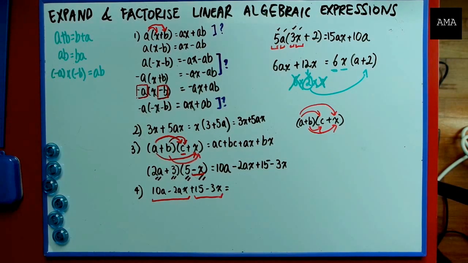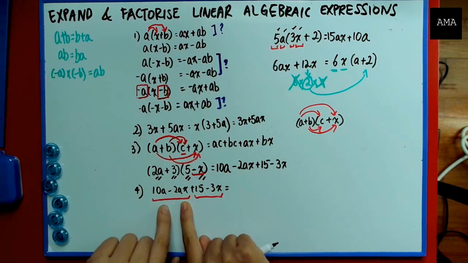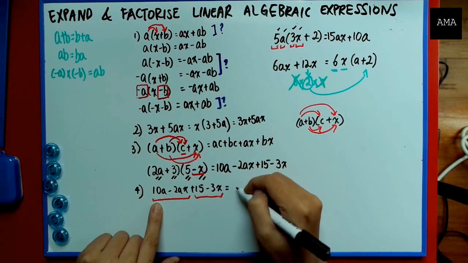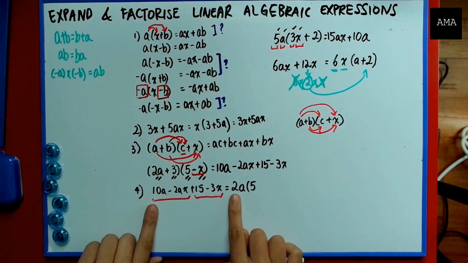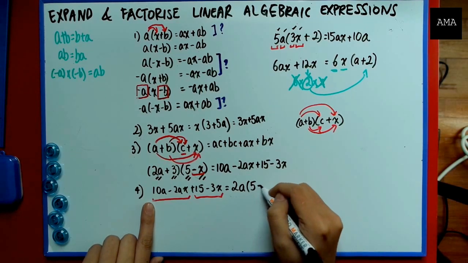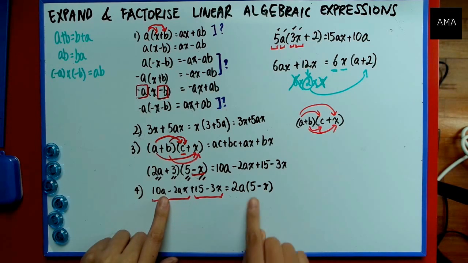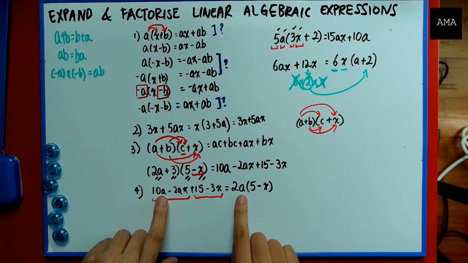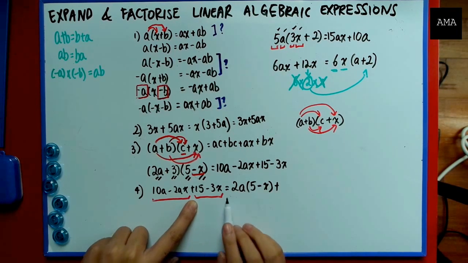Here, can you see that I have some things that are in common within this 2? I have 2a. 2a times 5 is 10a, correct? Minus x. Because minus 2ax is 2a times minus x, right? Then I do the other part, which is I factorize out 3.